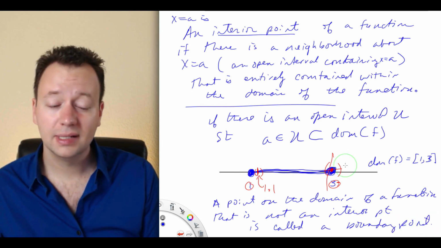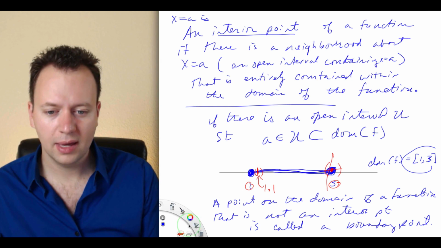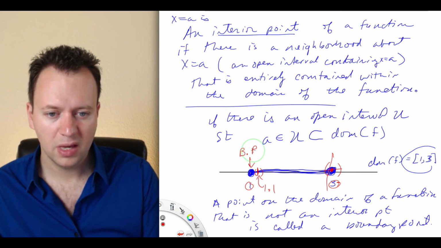So basically, for this example where we have the closed set from 1 to 3, the points 1 and 3 are the boundary points. Call it BP for boundary points.